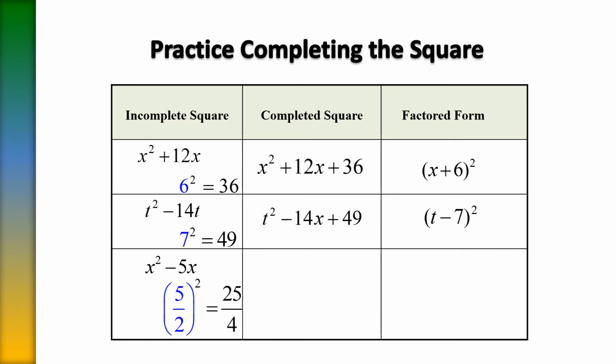Then when you square 5 halves, you're going to get 25 over 4, which means you're going to add 25 over 4 to the back end of that perfect square trinomial. The square root of x squared is x. The square root of 25 over 4 is 5 halves. So you're going to have x minus 5 halves squared. Okay, so that's how you would complete the square.